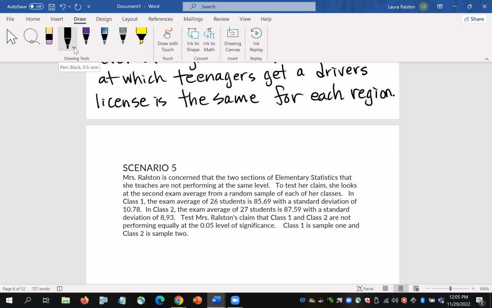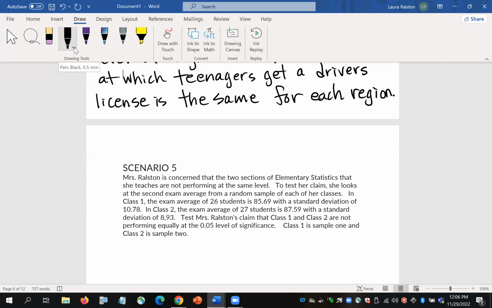In class 1, the exam average of 26 students is 85.69 with a standard deviation of 10.78. In class 2, the exam average of 27 students is 87.59 with a standard deviation of 8.93. Test Ms. Ralston's claim that class 1 and class 2 are not performing equally at the 0.05 level of significance.